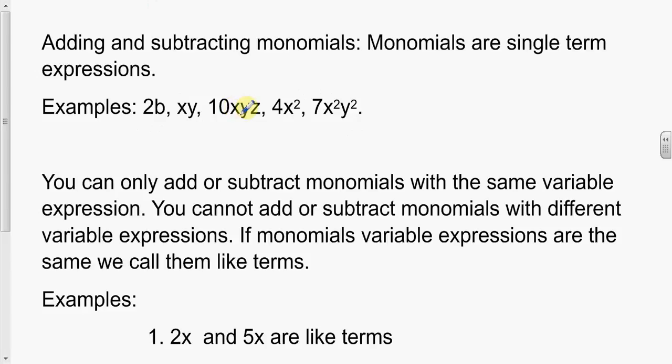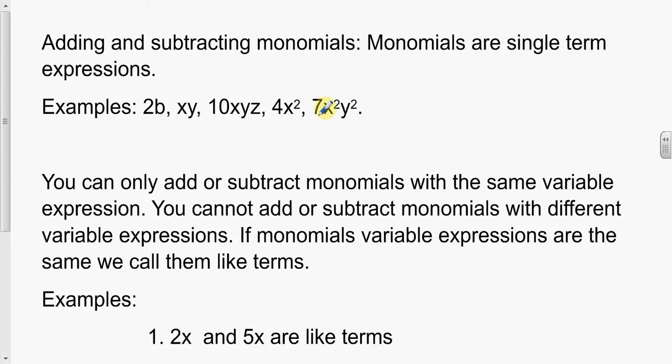Well, if I look at 10xyz, here the xyz is said to be the verbal expression, right? Or the x squared. It expresses the variable x raised to the second power. So we say that the terms are alike if they have the same verbal expression.